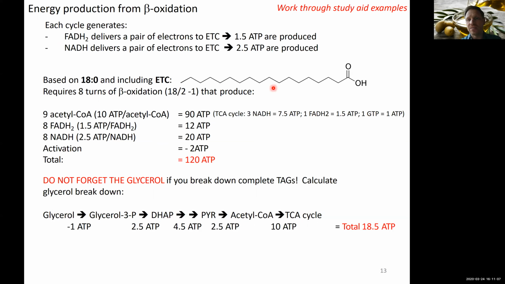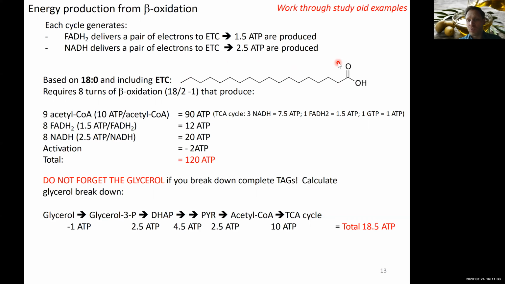So this is an 18:0, an 18-carbon fatty acid that is fully saturated, so it has no double bonds. If you run this through beta oxidation, you need 8 turns. Have a look at the details in our other videos on how this works. Basically, you have 18 carbons, you run them all through beta oxidation, you're cleaving off 2 carbons per round of beta oxidation, and you're ending up with 2 molecules of acetyl-CoA.